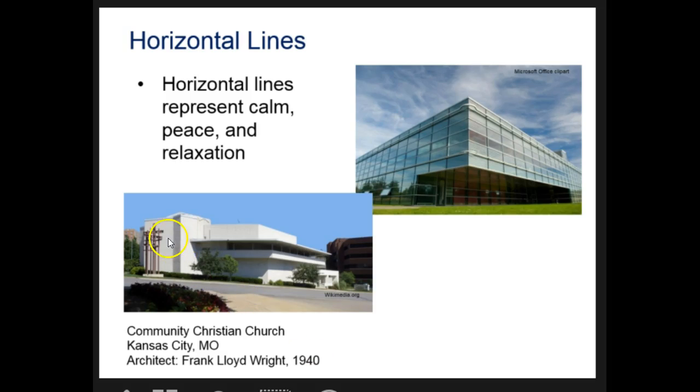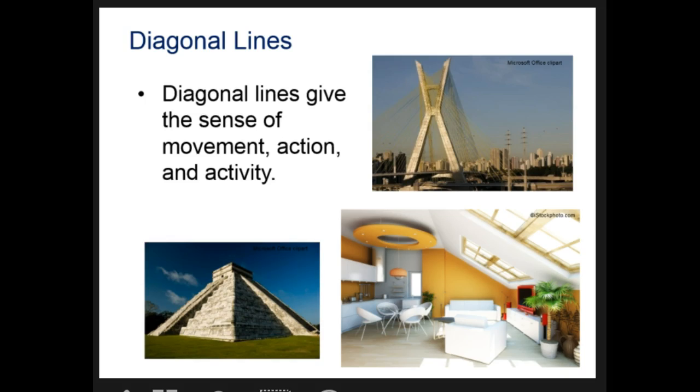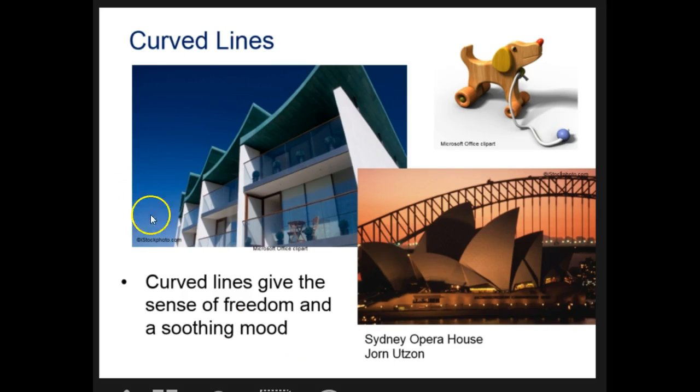Versus these that have more prominent horizontal lines give you more of a sense of calm and peace. Diagonal lines, like the ones here, suggest movement and action, and curved lines give a sense of freedom, of more modern looks to things.